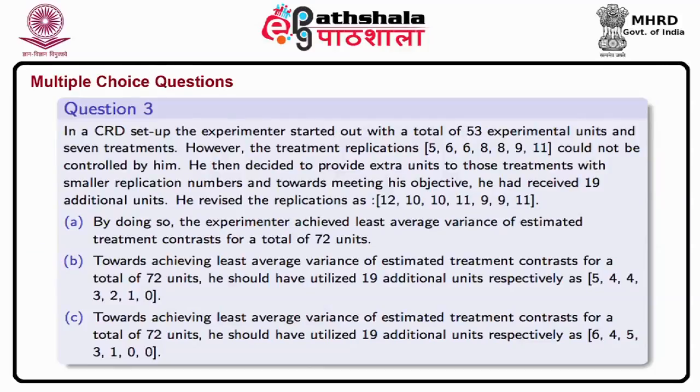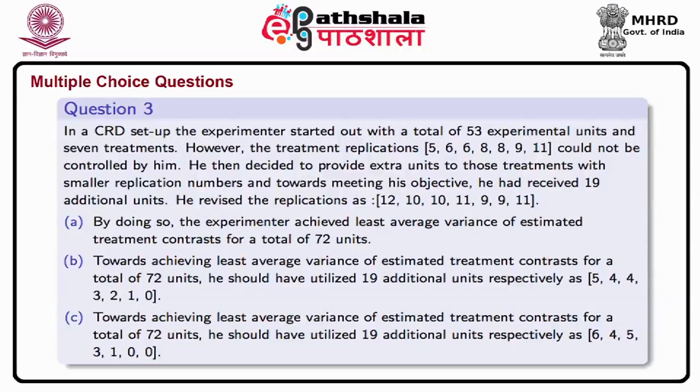And the third one is: towards achieving least average variance of estimated treatment contrasts for a total of 72 units, he should have utilized 19 additional units respectively as 6, 4, 5, 3, 1, 0, 0.